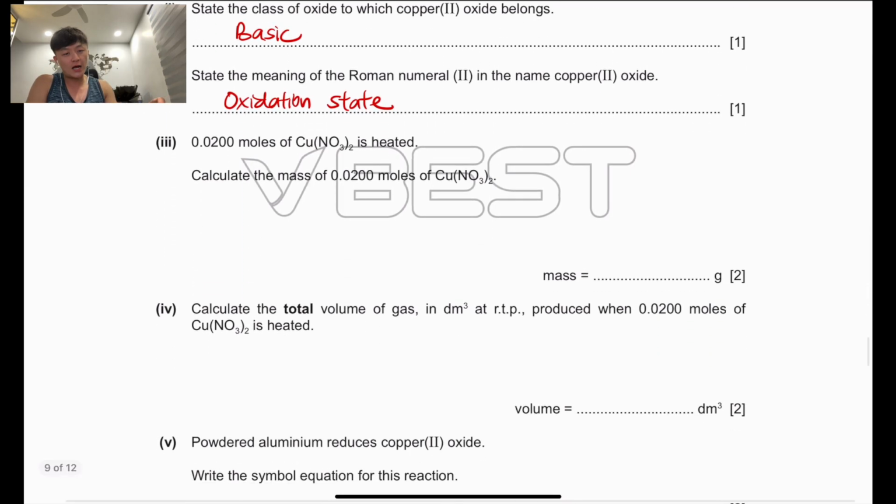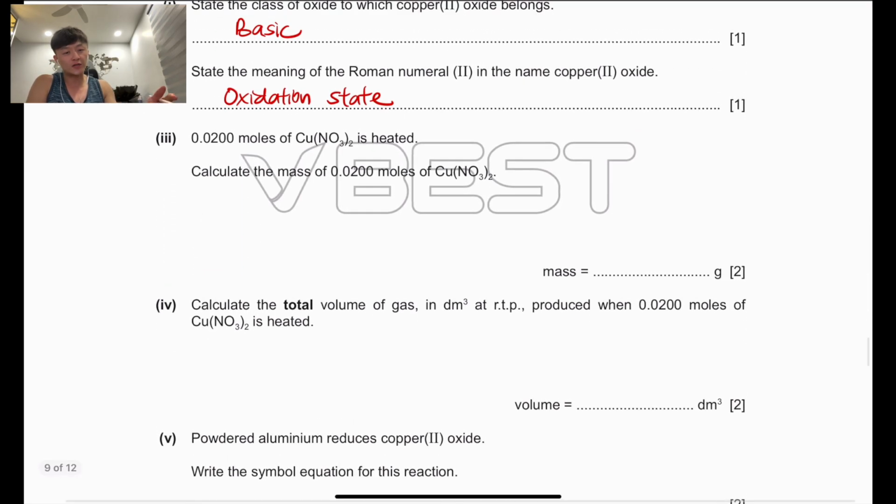Okay, so next one, mole calculation. You are asked to look for the mass of 0.02 moles of this. You are asked to look for the mass itself. So in terms of mass, what's the formula again? n equals mass over molar mass. Given to you here, 0.02 mole. So what is the Mr of the compound?